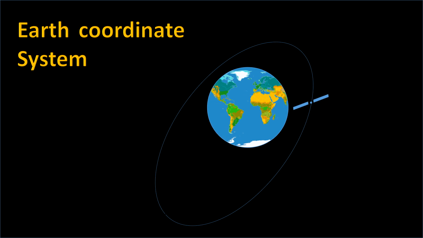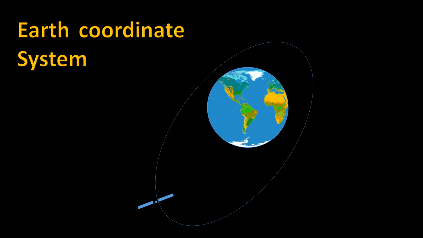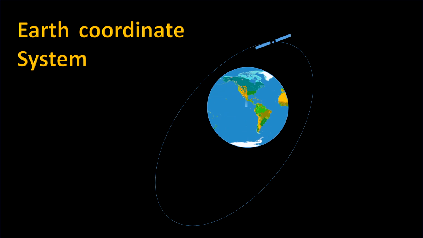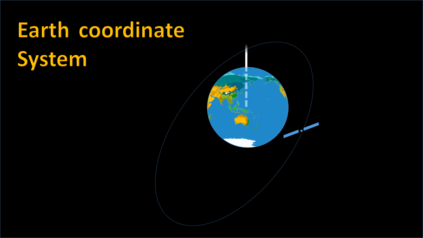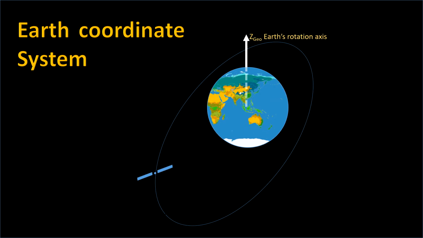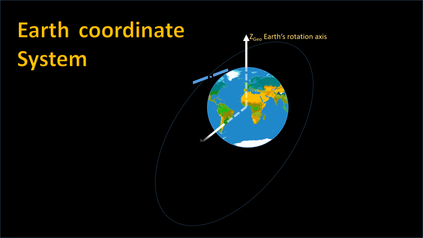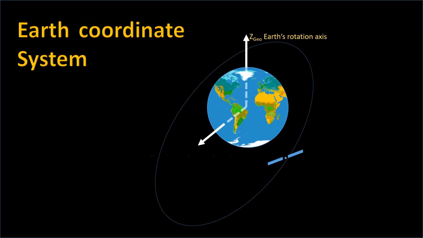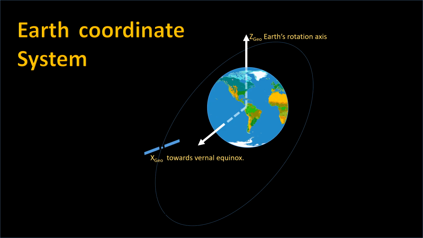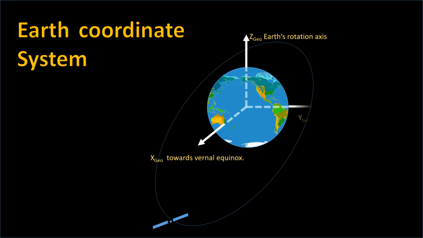Now I explain the Earth coordinate system. The Earth coordinate system has its center at the center of the Earth, and its z-axis is moving towards the north, or the Earth's rotation axis, and the x-axis is towards the vernal equinox, which is a constant point in space, and the system completes a right-hand system.